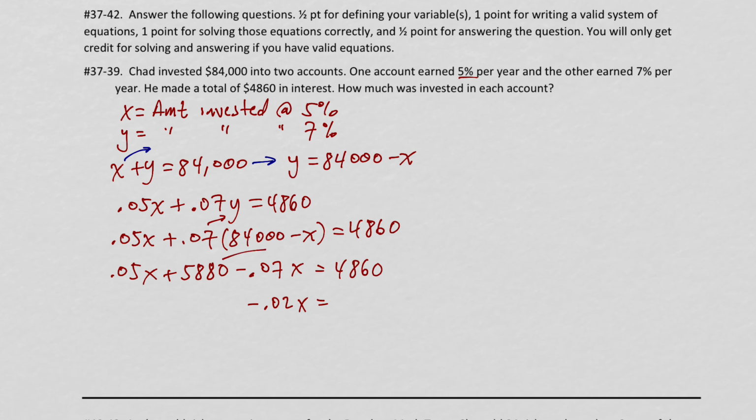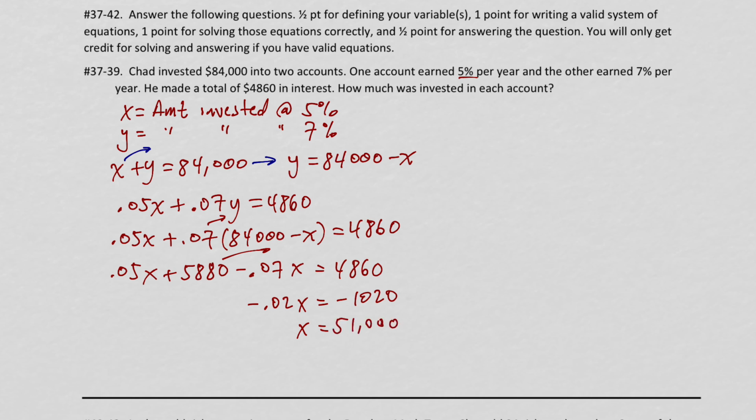I'm going to move this over to the other side, and I'll get 4860 minus 5880, which is a negative 1020. Now I'm going to divide each side by negative 0.02, and I get X is equal to positive 51,000.